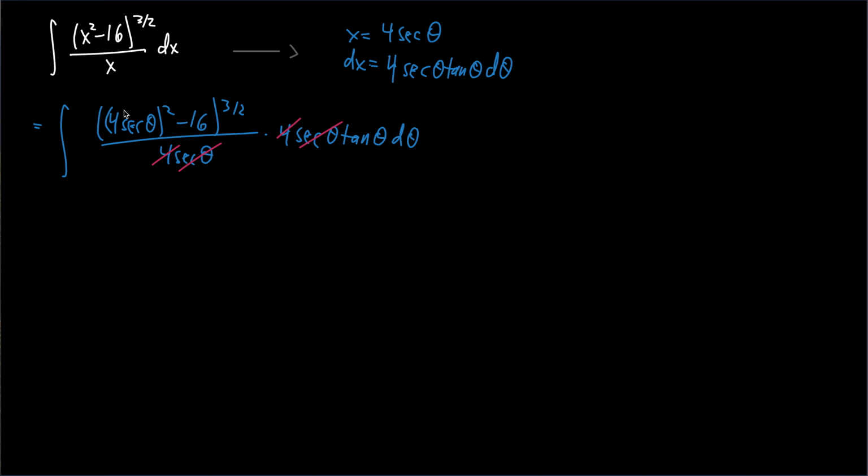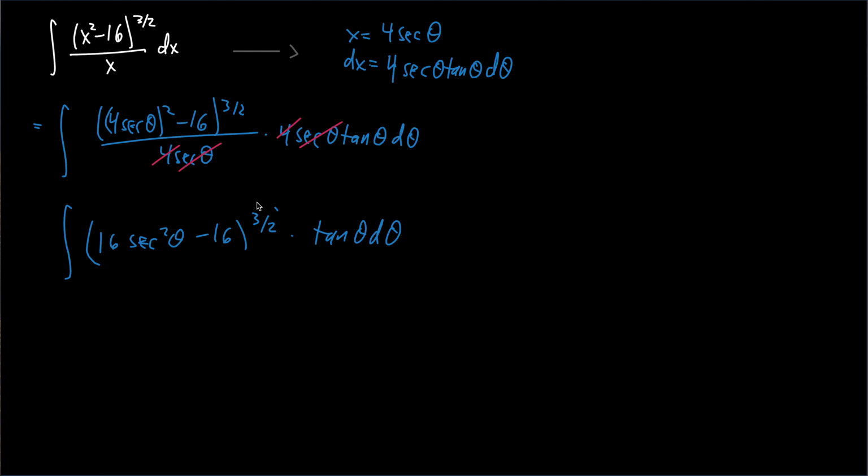So here, 4 squared would be 16, so 16 secant squared minus 16, all to the power of 3 halves. And then there's no denominator anymore, so we've basically removed that bottom portion, and then we're multiplying by tan theta d theta.